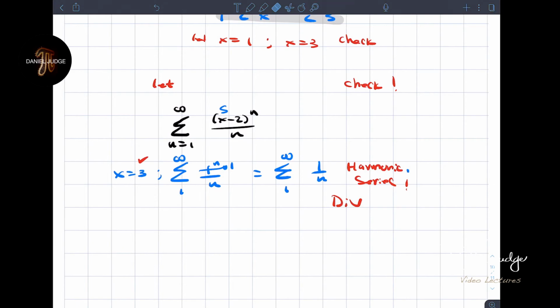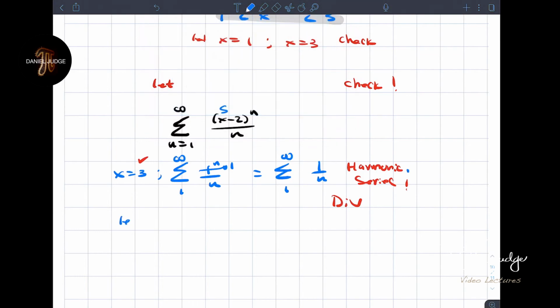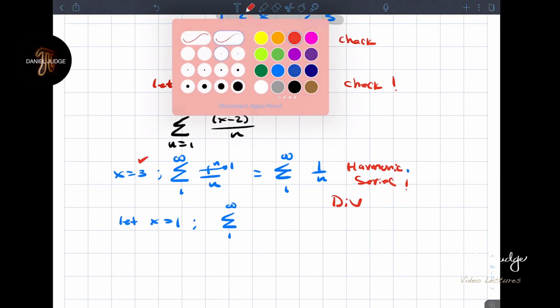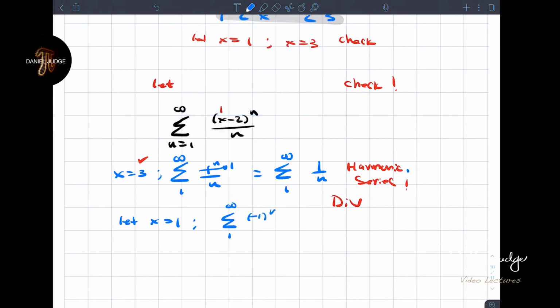All right. Now we have to check when x is 1. So you say let x be 1. So when I plug in 1 for x now, not 5. Let's make that red. 1 minus 2 is negative 1. There we go.